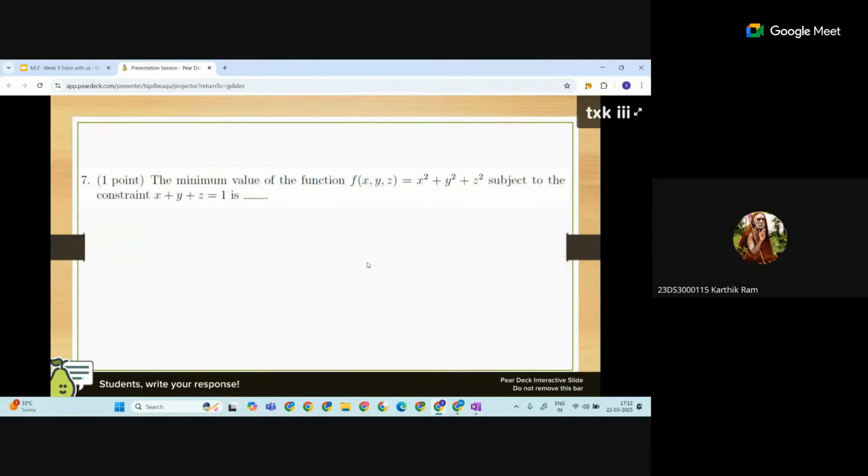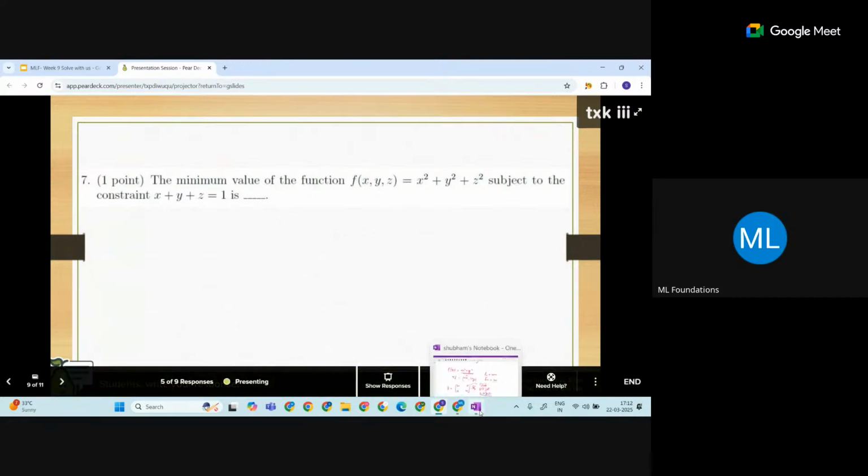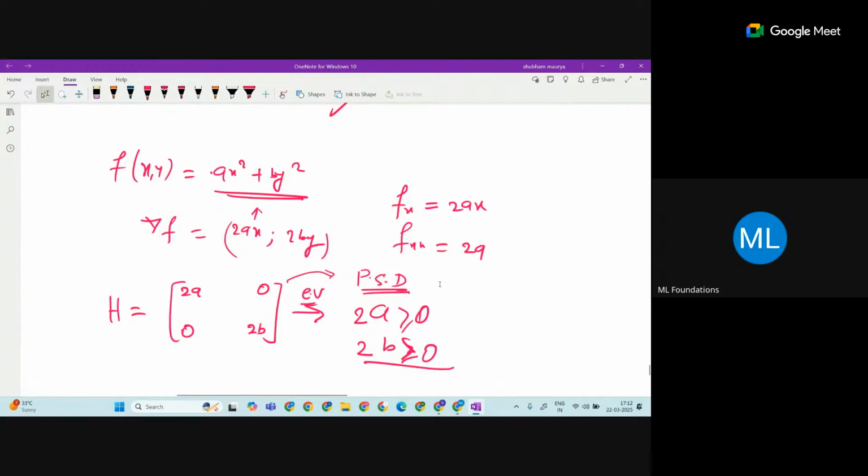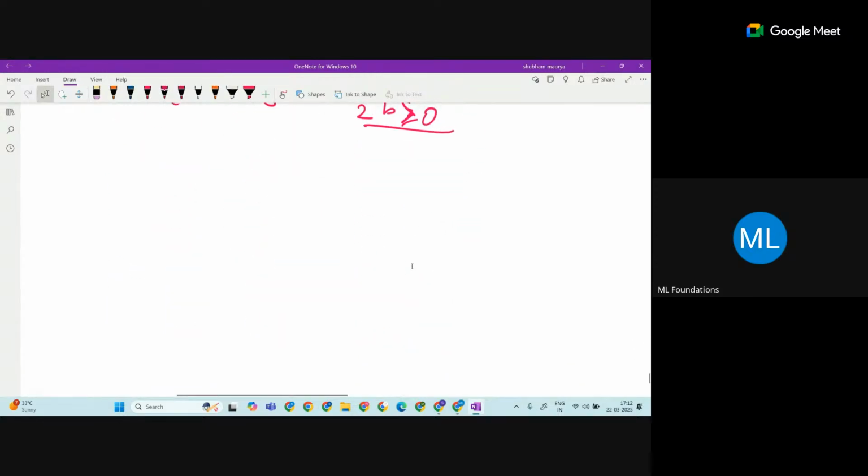And then, this is 4-dimensional. If you want to imagine, this is 4-dimensional, so we cannot do this. But is it not 3-dimensional? No, because of the three axes.